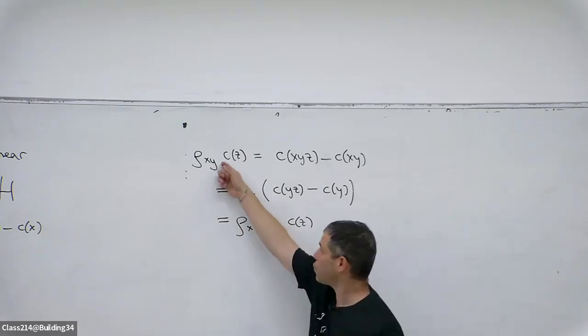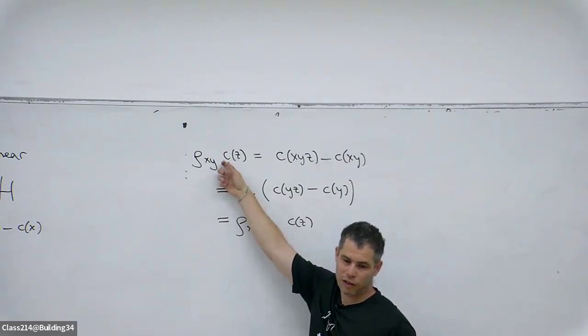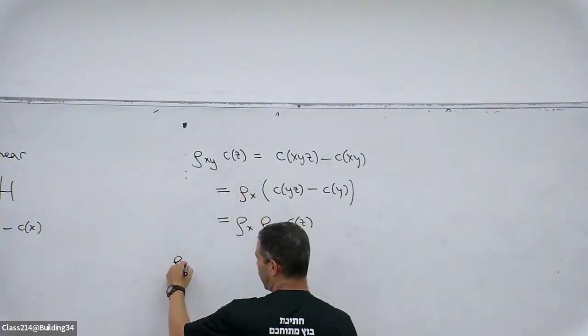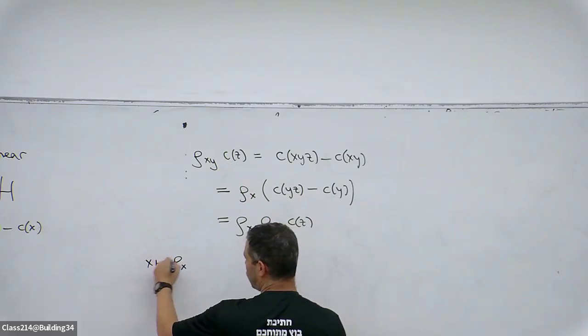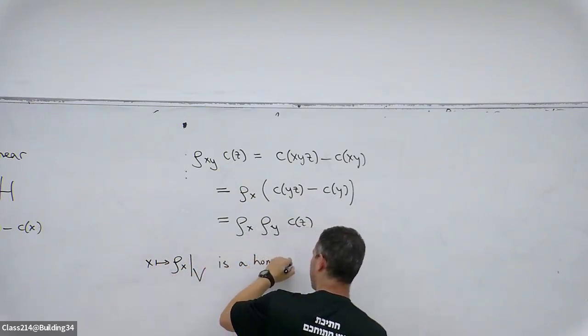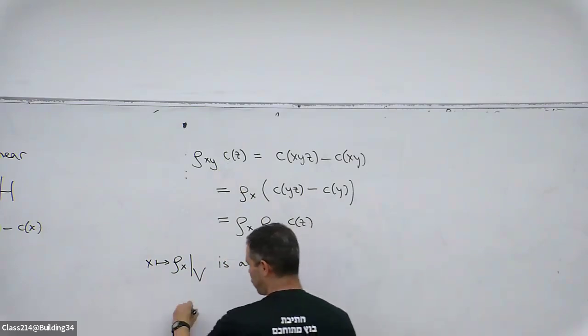So since this holds for every z, this holds for every linear combination of the c's, so this holds for all of V. So we get that x maps to rho x restricted to V is a homomorphism. And this is enough to say that rho is a representation.